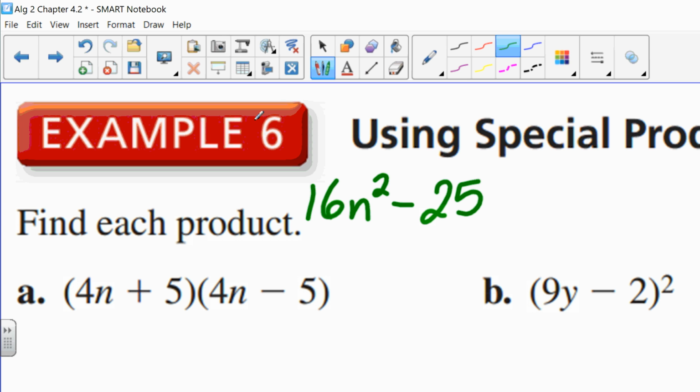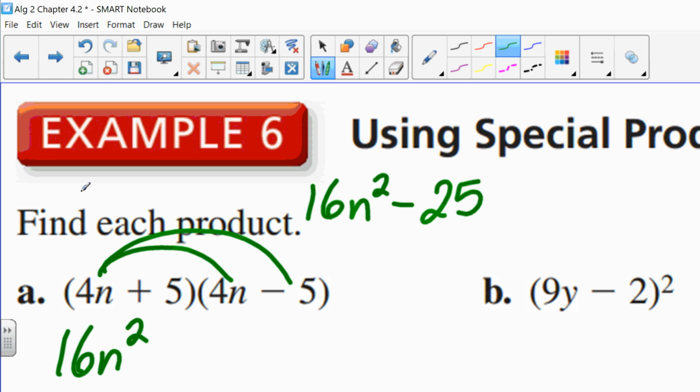Now let's work it out, because if we multiplied this out, 4n times 4n is 16n squared, because 4 times 4 would be 16, and n times n is n squared. Now 4n times negative 5 would be negative 20n.